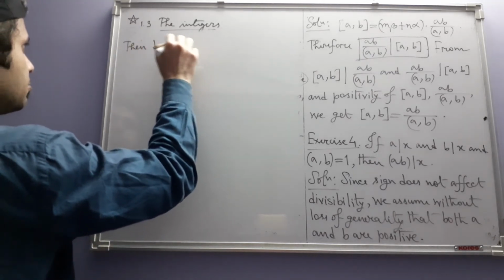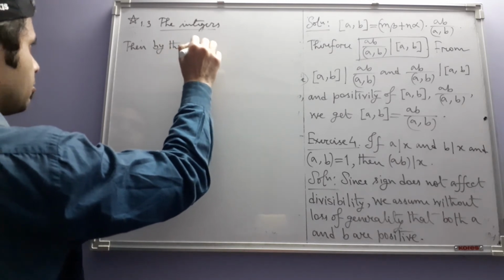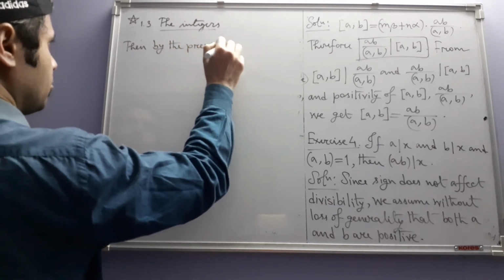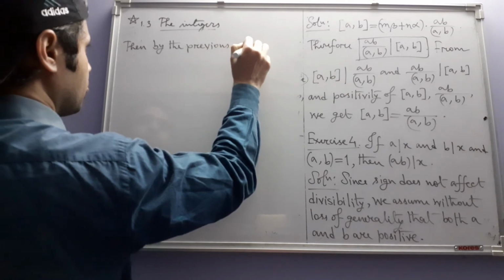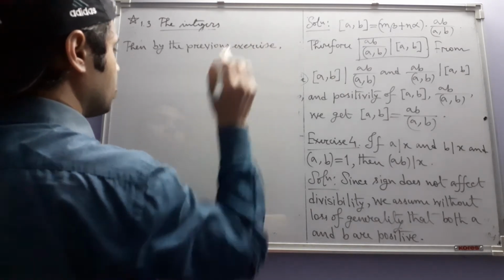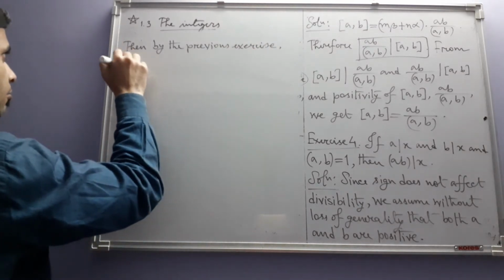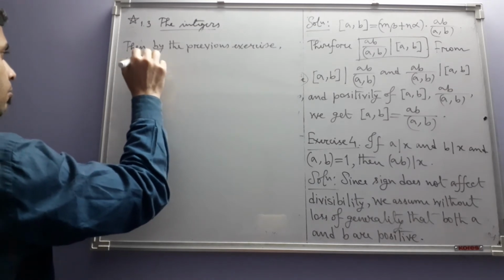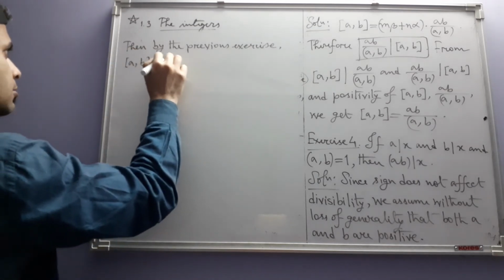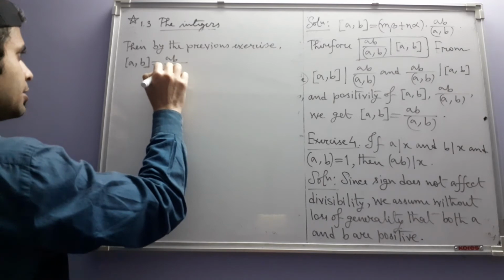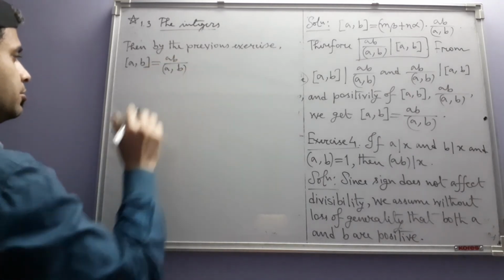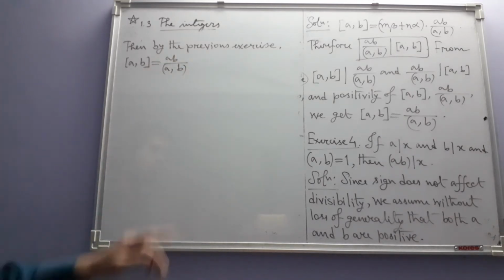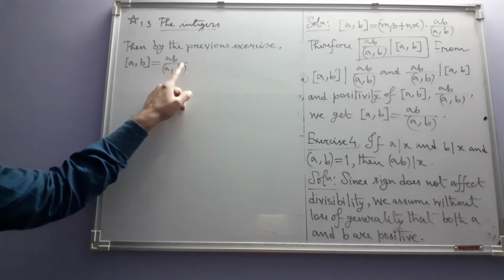Then by the previous exercise, we have this. Always keep in mind that to be able to use this formula, we have to have the condition that A and B are both positive.